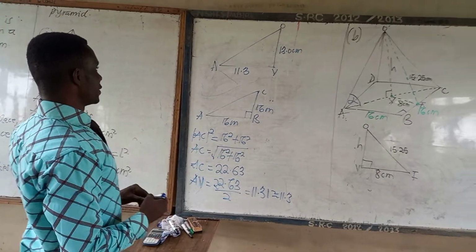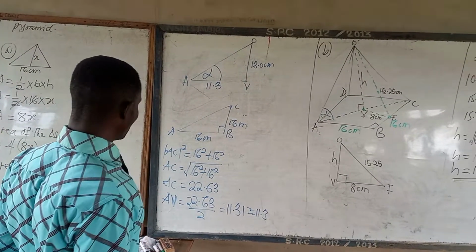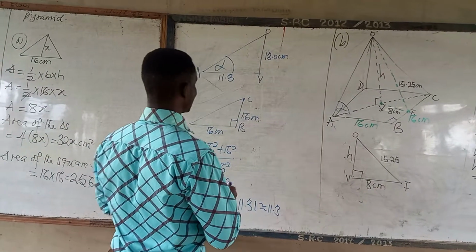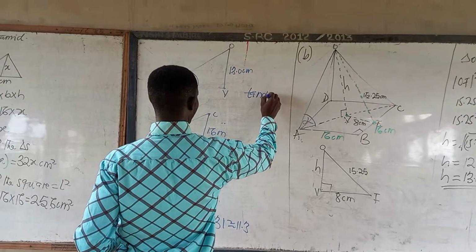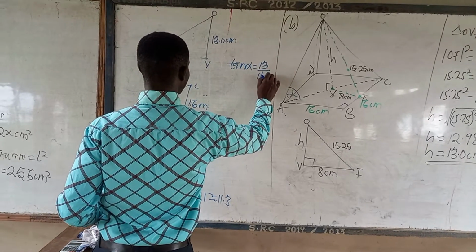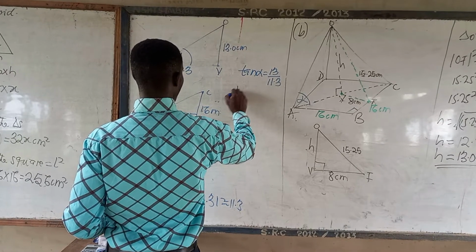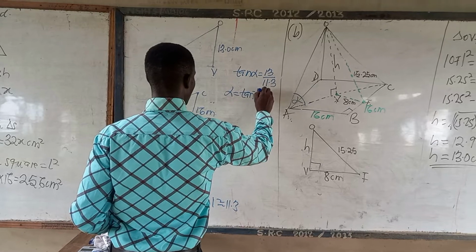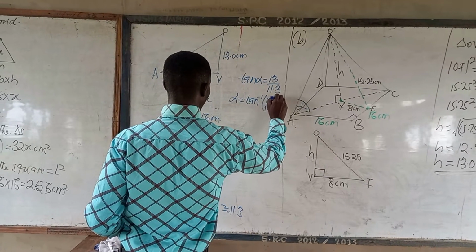Now it becomes easier to calculate for the angle alpha here. How do you calculate for the angle alpha? Well, this is opposite over adjacent. So tan alpha is equal to opposite 13 over 11.3. So if you want to find alpha, alpha will be equal to tan inverse of 13 over 11.3.